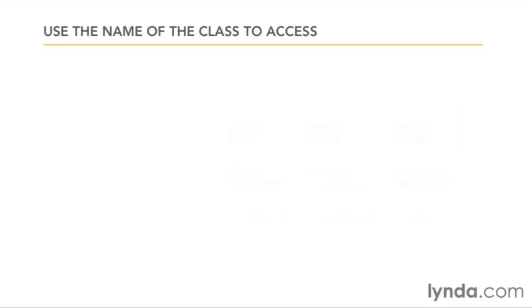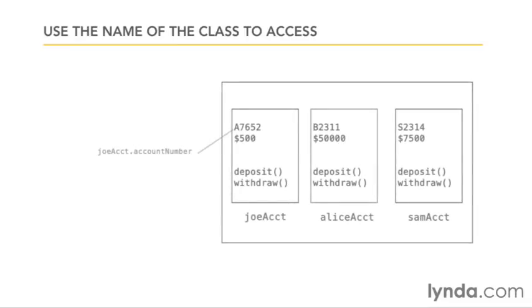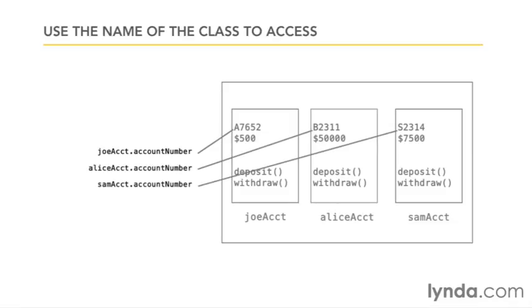When we access normal instance-level variables, we use the name of the object to get to them. So if I want to access one of the pieces of each of these instances, I would make sure to use the name of the actual object. But if I want to access a static or shared variable, I access it using the class name itself, not any particular instance name. And that's the only way to get to these variables.